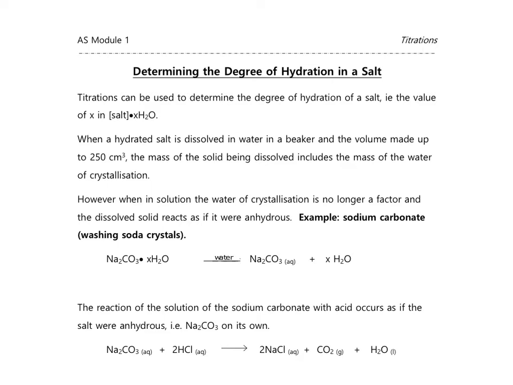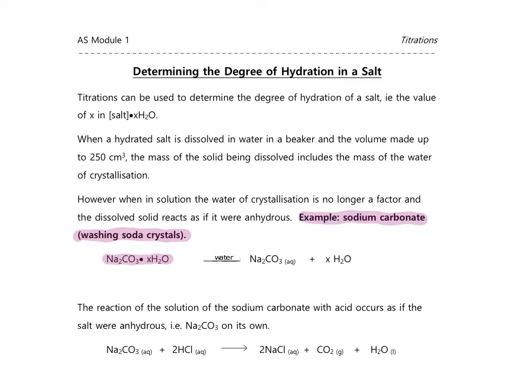And in fact, you wouldn't use a salt like copper sulfate because that is not able to be titrated against anything. Quite often the example used is hydrated sodium carbonate, and that's essentially washing soda crystals. Sodium carbonate has the formula Na2CO3, but when it's hydrated, we write its formula as Na2CO3.XH2O.